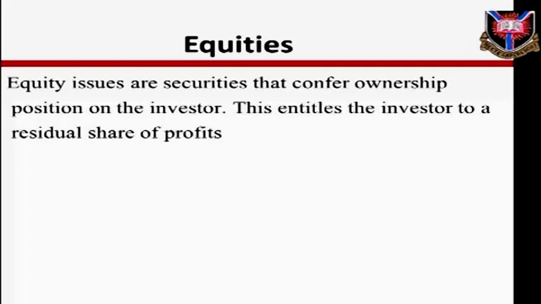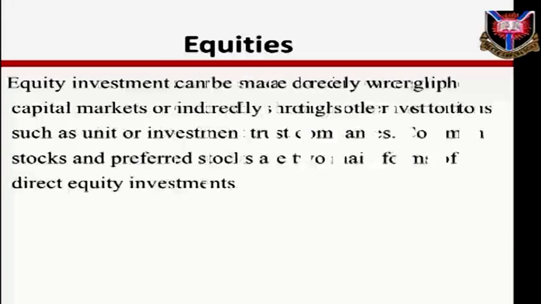Equities. Investors in bonds or other debt instruments are creditors to the issuer of the security. Equity issues are securities that confer an ownership position on the investor. This entitles the investor to a residual share of profit.